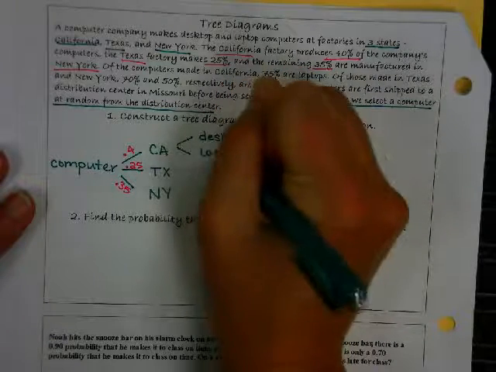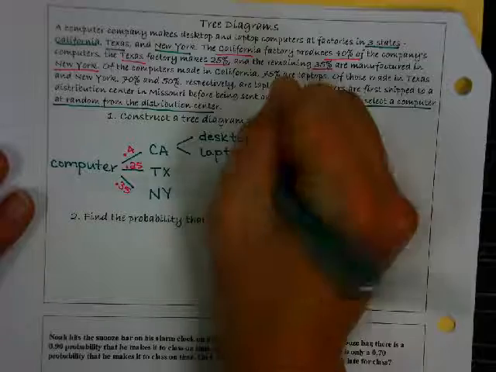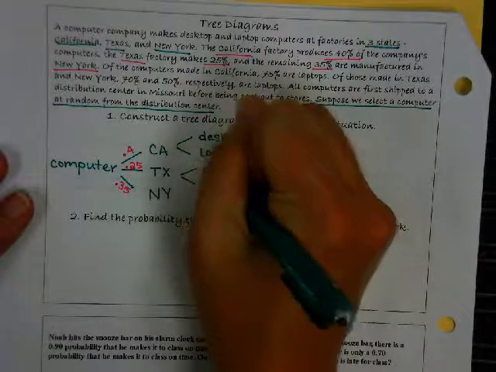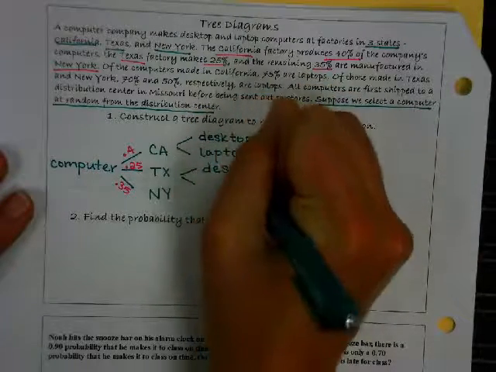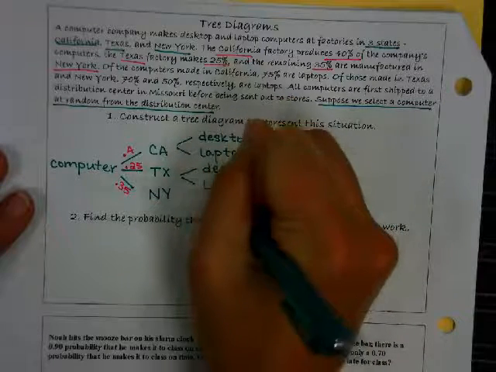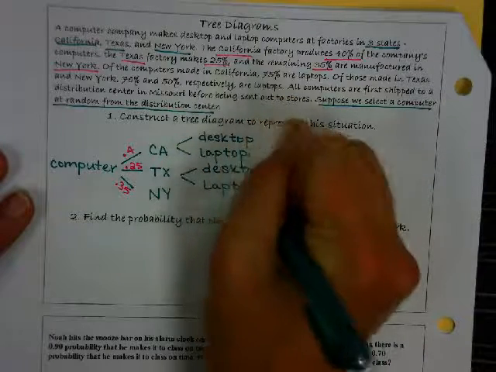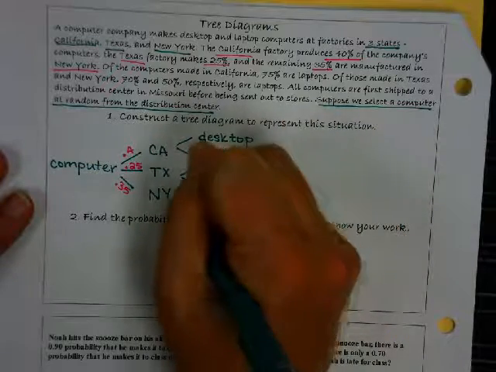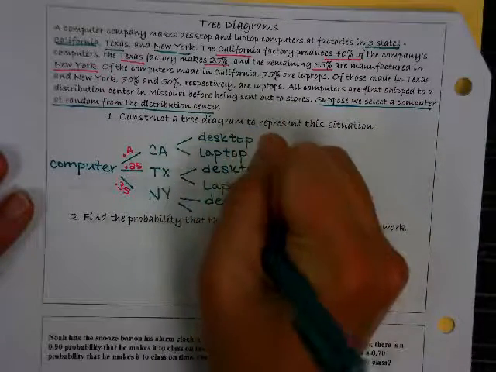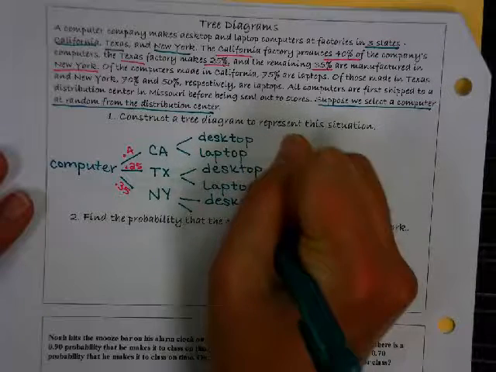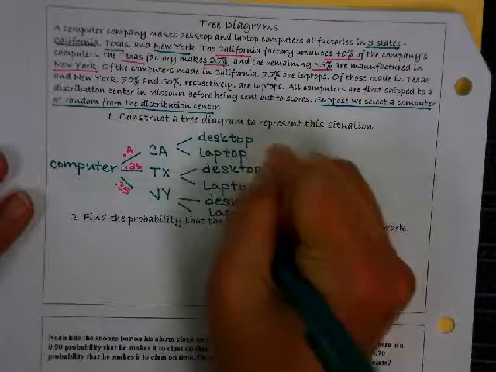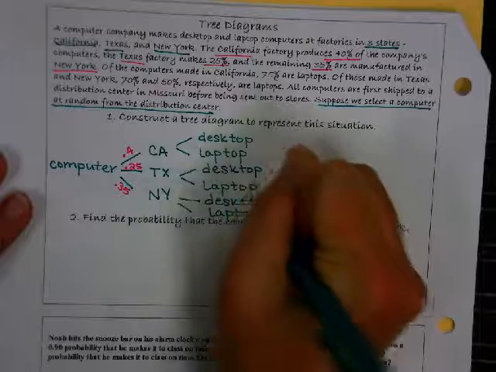Texas also makes both desktop and laptop. And New York also makes both. And then along the lines leading to each type from each state, I will put the respective percents.